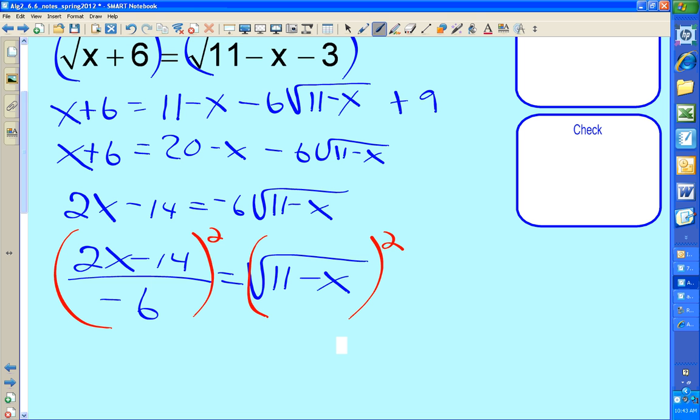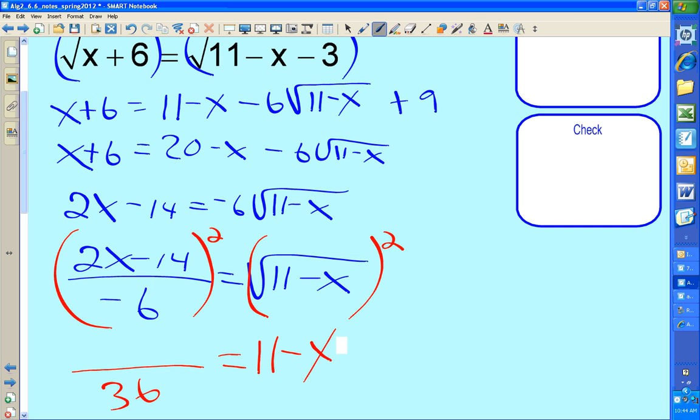Christo, on the right-hand side, when I square it, what do we get? That's the whole reason why we squared 11 minus x. Jennifer, what happens when you square the bottom here? Just the bottom. You get 36. Now the negative's gone, but we have a 36.